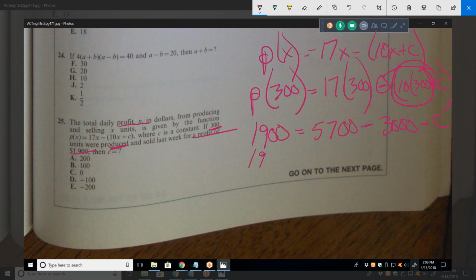Now we have 1900 equals 2700 minus c. I get minus c equals minus 800. C equals 800. Well, I did something wrong.